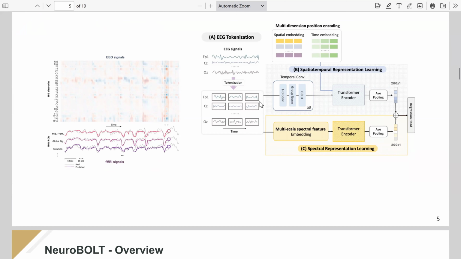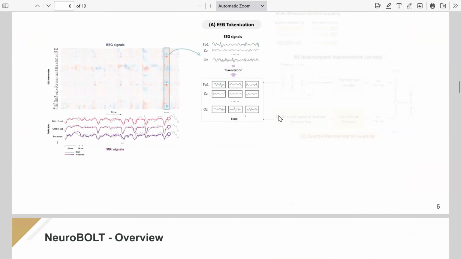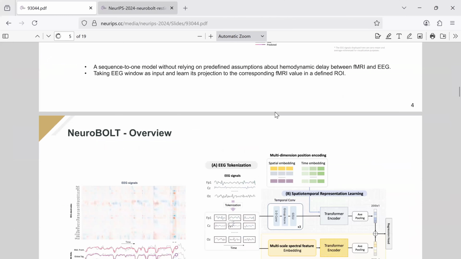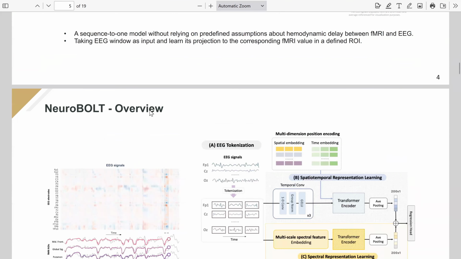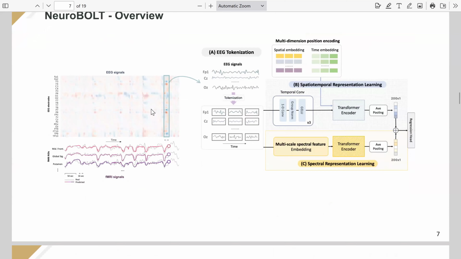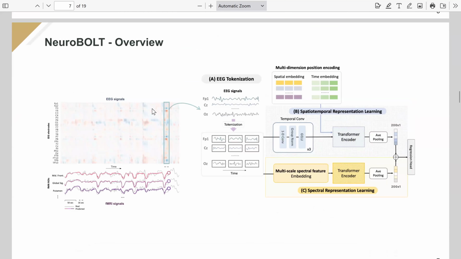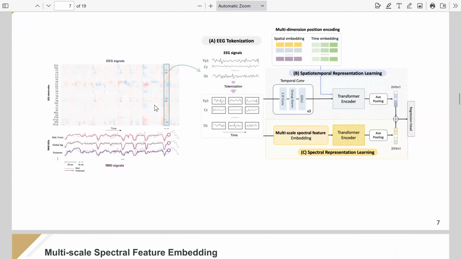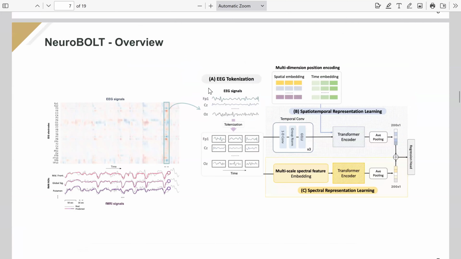Okay, so yeah, let's maybe take a look, because looking at the paper might be more helpful here than looking at their high-level overview. Right, so in this dimension, they just have each of the channels from the EEG, and they're just breaking it up into temporal windows.